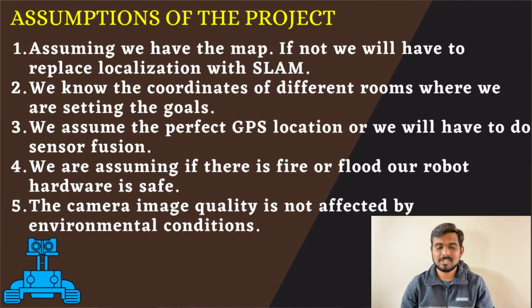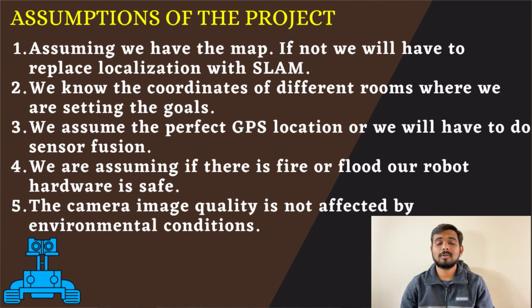And finally, let's talk about what all are the assumptions of our project. So first assumption is we are assuming that we have a map of the casualty house, because if we don't have a map, the project will have SLAM included and you will have to navigate depending on unexplored spaces.